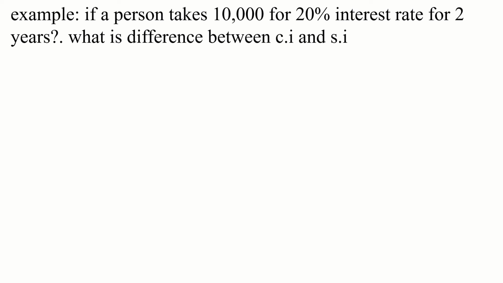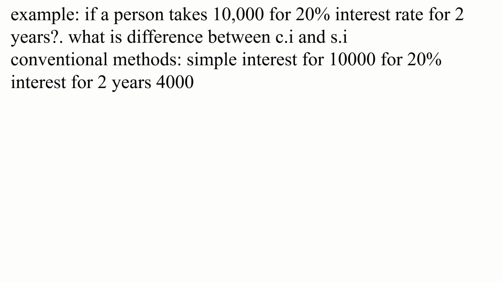So the conventional method is simple interest calculation, which is very easy, because 20% means 20 rupees for 100 rupees. So you will get simple 2000 for 1 year. For 2 years we get 4000.